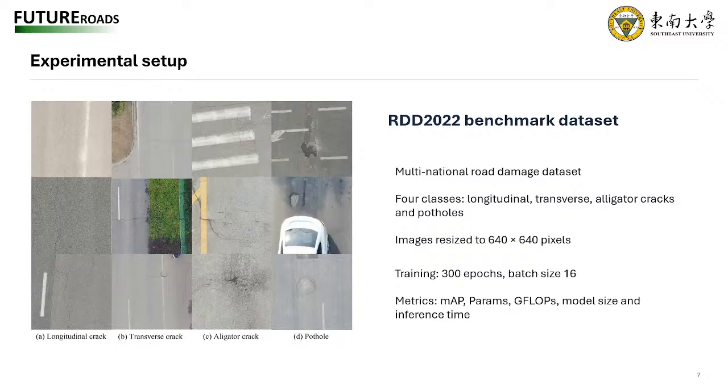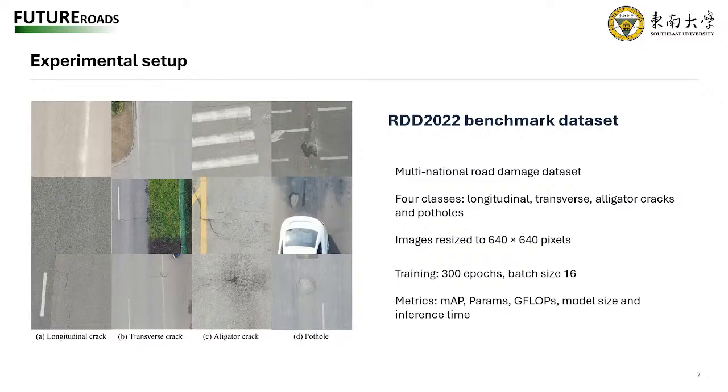Then we use the RDD 2022 benchmark dataset to verify our model. This dataset collects defects from different countries. As shown on the left, it includes 4 common types of defects, such as longitudinal cracks, potholes, and transverse cracks.